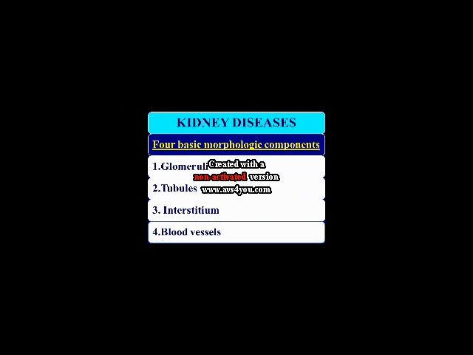But since there is a large amount of anatomical as well as physiological interdependence, if one component is affected, it will also affect other components. Therefore, in the later stage of disease, it is difficult to distinguish them, and their features overlap.